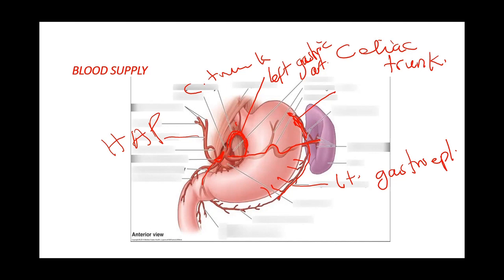This is the hepatic artery proper, and this is the gastroduodenal artery. The gastroduodenal artery gives off the right gastroepiploic along the greater curvature, to anastomose with the left gastroepiploic.